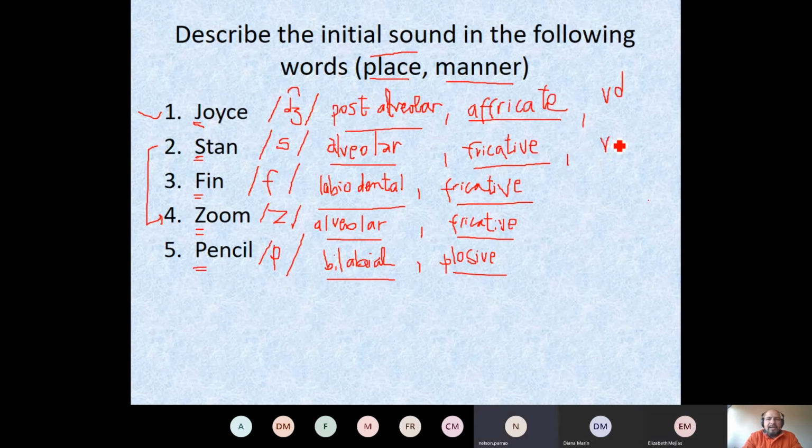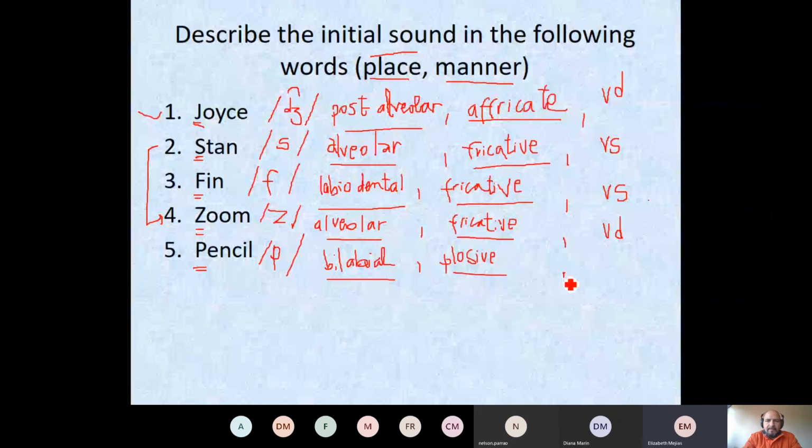Voiceless. Excellent. What about the third one? Fin. Voiceless. Correct. What about number 4? Zoom. Voiced. Excellent. Good. And the last one? P. Voiceless.